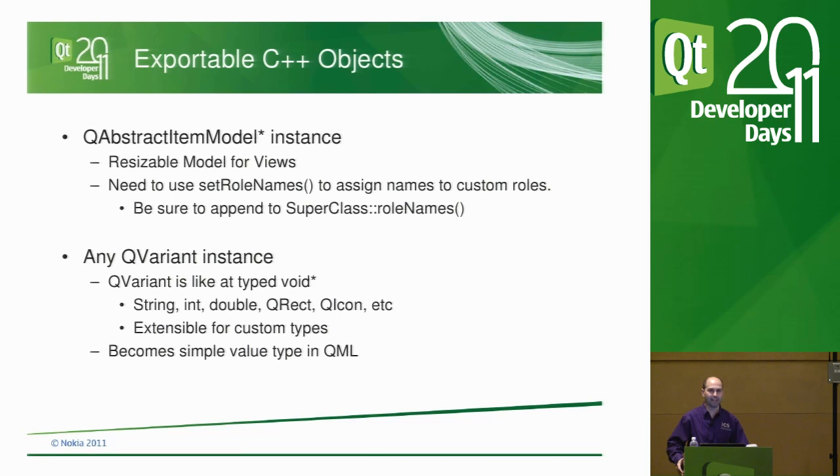You can create that, create all your data in C++, create the interface to your data in C++, and simply export it into QML and use it there. You can also export any QVariant instance, which is a wrapper, basically a glorified void star, and it becomes a simple value type in QML. This is probably the rarest thing to export.